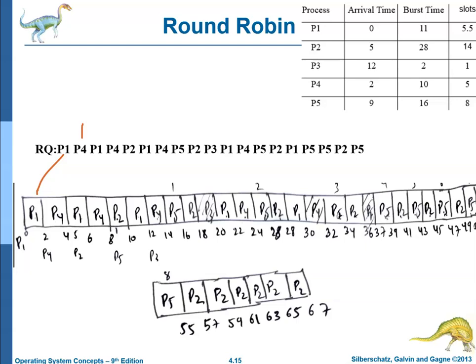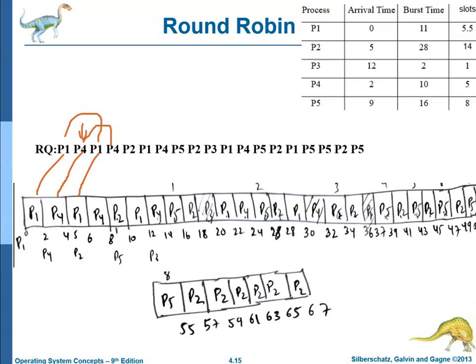After P1 completes its execution, it is taken off the CPU and added to the end of the ready queue. As P4 is at the front of the ready queue, it is taken for execution. Once P4 has completed its execution, it is added to the end of the ready queue, and then P1 is given the CPU.